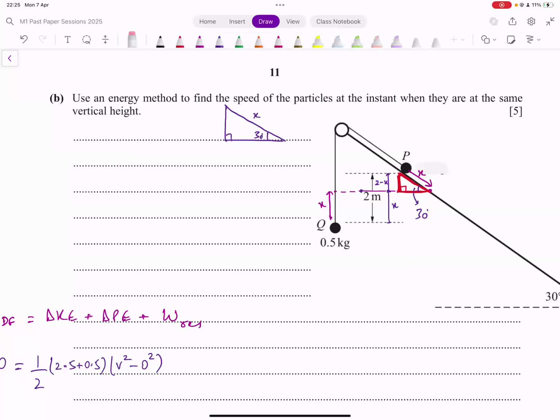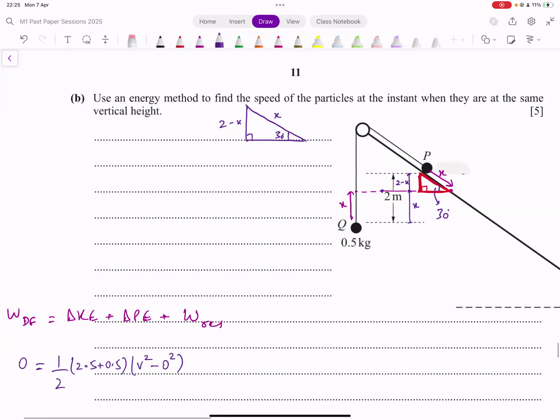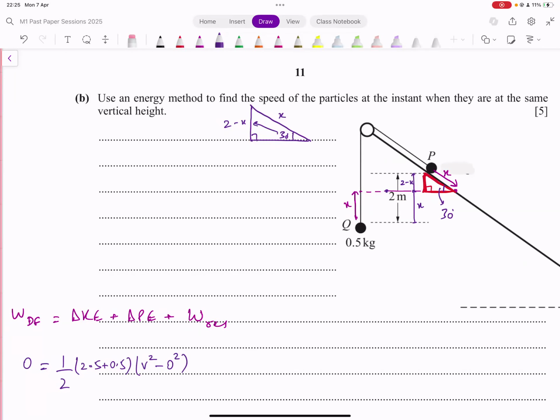We can use trigonometry to find this value of X. Perpendicular and hypotenuse, we can use sine for that. Sine of 30 equals perpendicular, which is 2 minus X, over X. Sine 30 is 0.5.